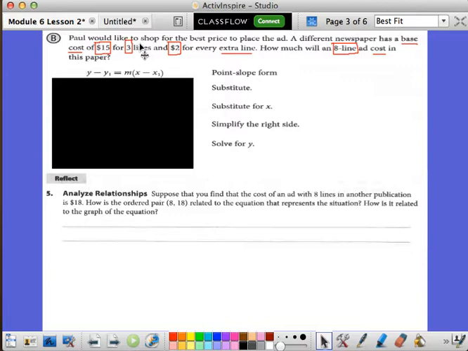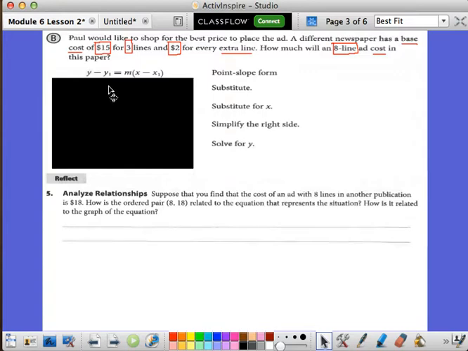It's not necessarily your y-intercept, but it is that base fee. So your y-intercept in this case was going to be 0 because if you pay $0, you get 0 lines, right? So be careful, and I know I said that it's the y-intercept, and I apologize, I misspoke, but you have to be careful because you have to know that this is where your graph is going to start.